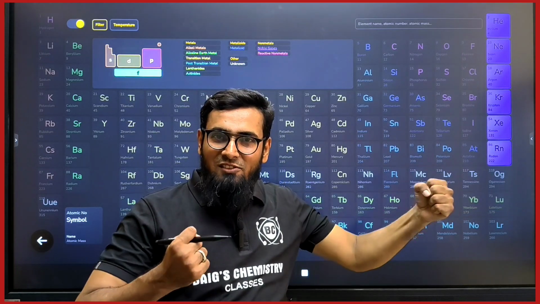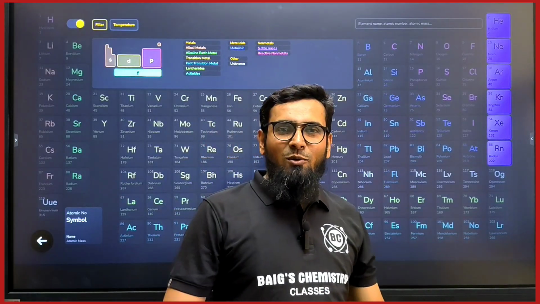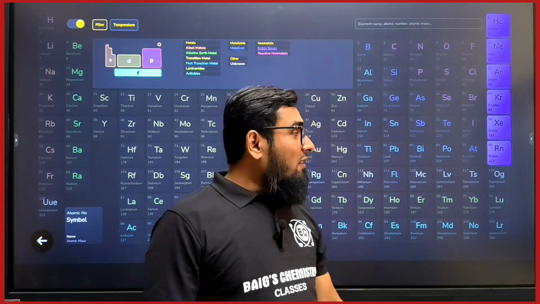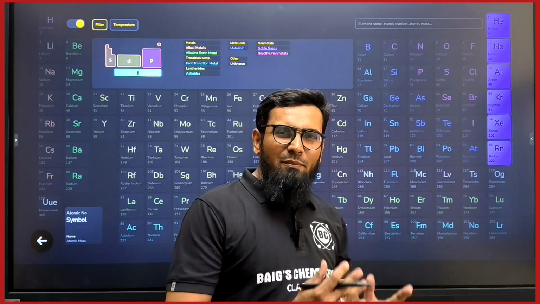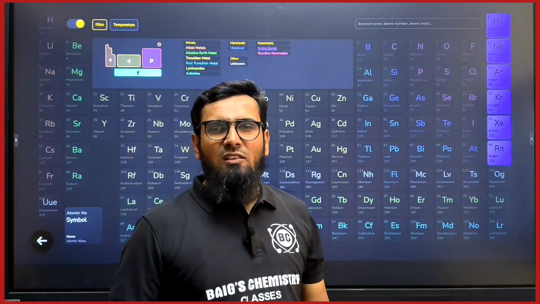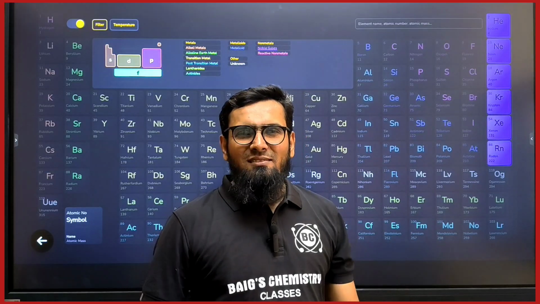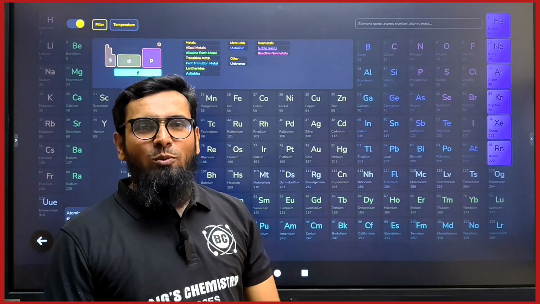Yes or no? They are very stable. They are inert. They do not readily participate in chemical reactions or chemical bonding. So other elements also want to become stable like noble gases. For that purpose, the remaining elements try to either lose electrons, gain electrons, or share electrons, to somehow become stable like noble gases.